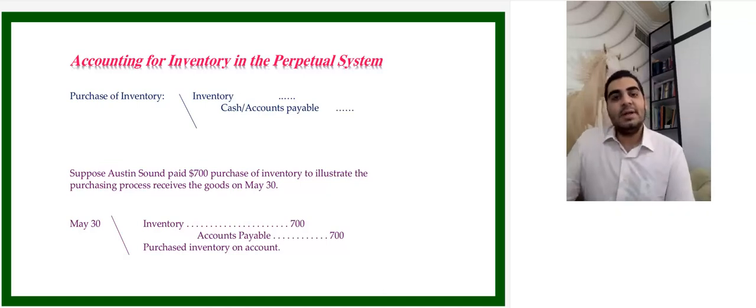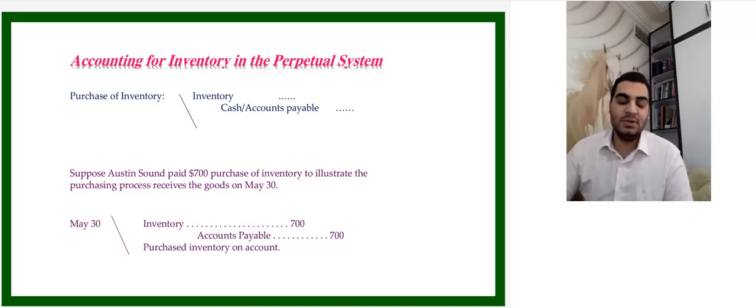First, we're going to examine accounting for inventory in the perpetual system. We usually have this transaction when the merchandiser purchases inventory. It's the first step. So we're going to debit our inventory because it's an asset. We acquired an asset. And then we're going to credit our cash or accounts payable.